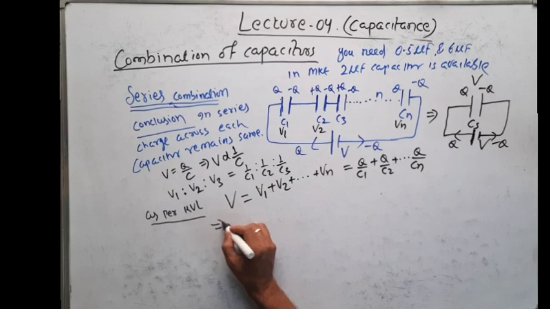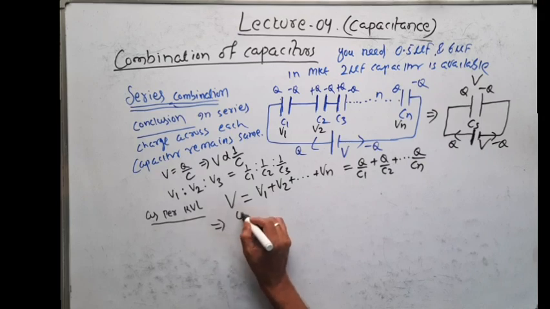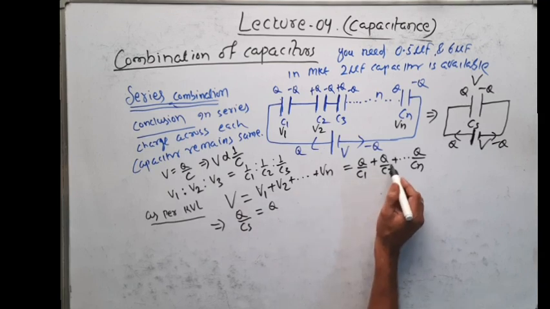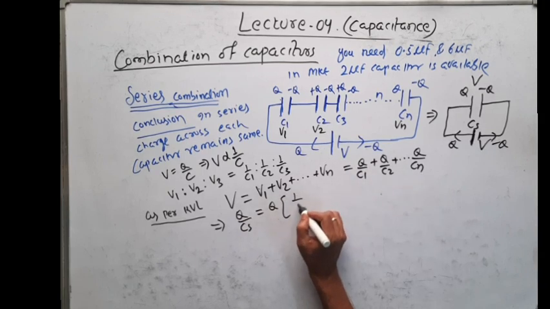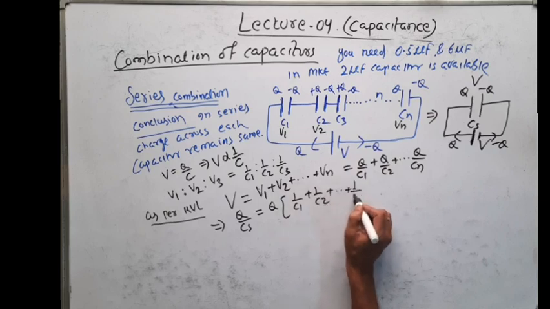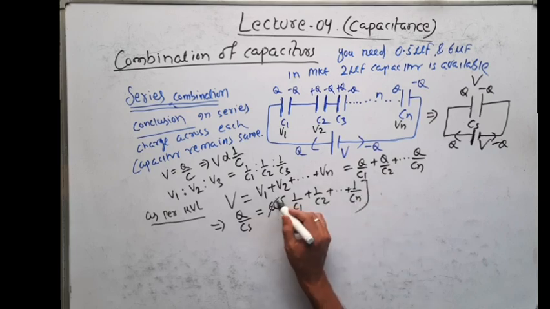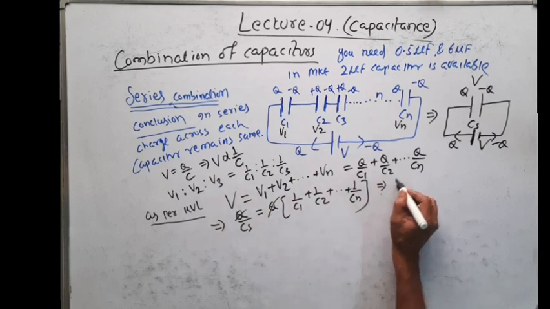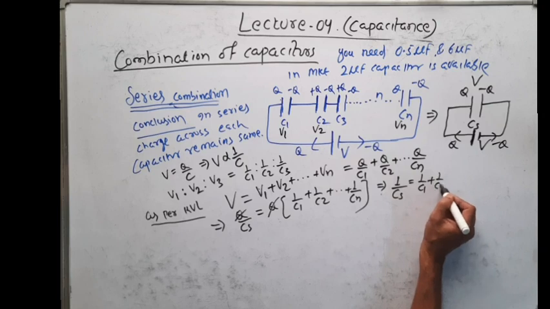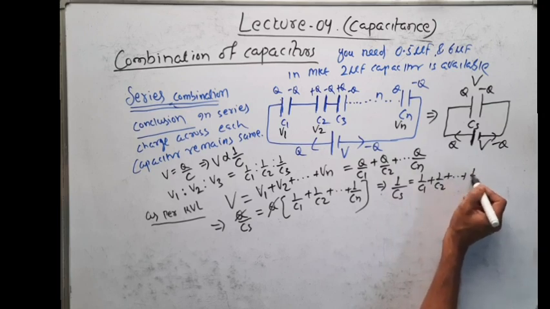So in place of V I can write Q by Cs, which is equal to Q by C1 plus Q by C2 and so on. If I take Q common, it is 1 by C1 plus 1 by C2 plus 1 by Cn. So this Q cancels. So I will get 1 by Cs is equal to 1 by C1 plus 1 by C2 up to 1 by Cn.